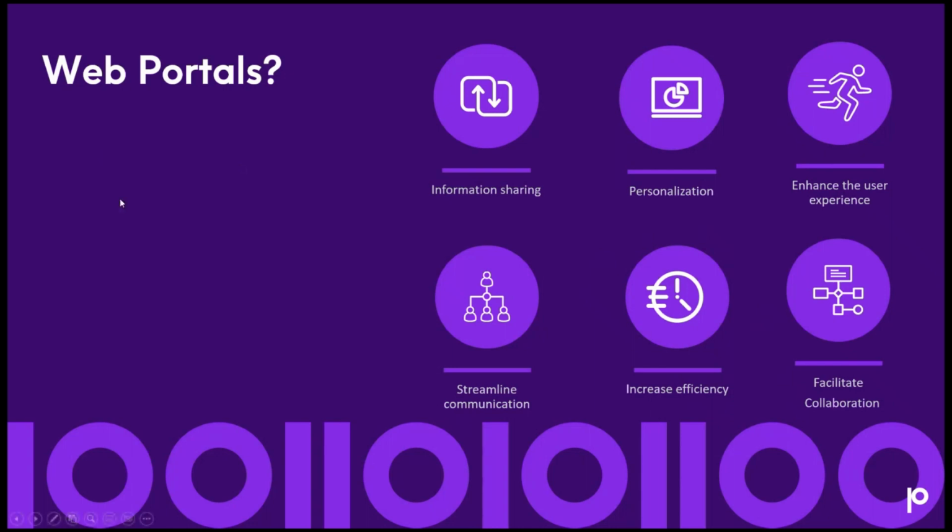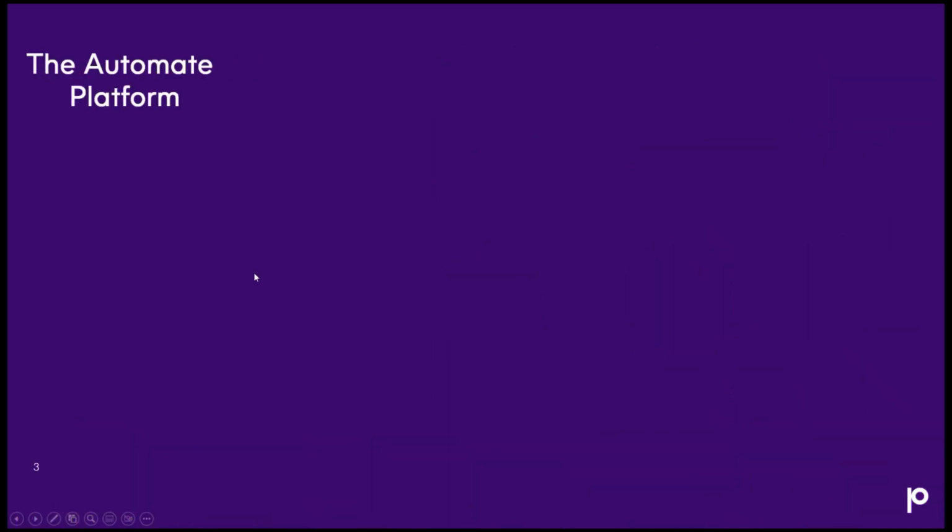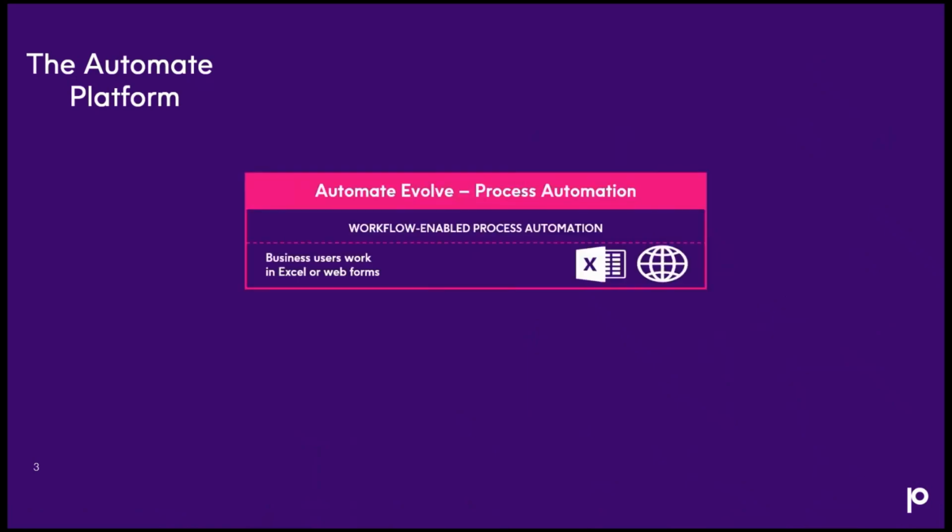Now, before we jump into portals, what I'd like to do is reintroduce the Precisely Automate platform and really just talk about where portals actually fit in the whole scheme of things. So here I want to first of all talk a little bit about Evolve, which is our enterprise-grade data and process automation platform.